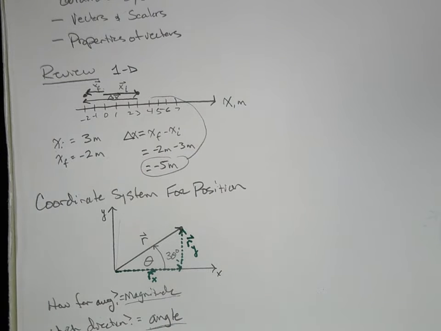And so we have these two components, and in this case, we have a rectangular coordinate: rx, ry.